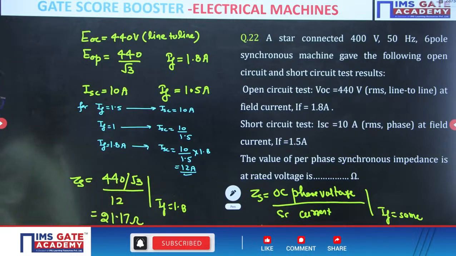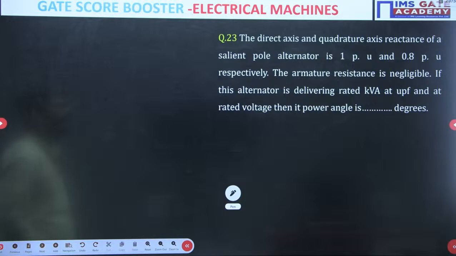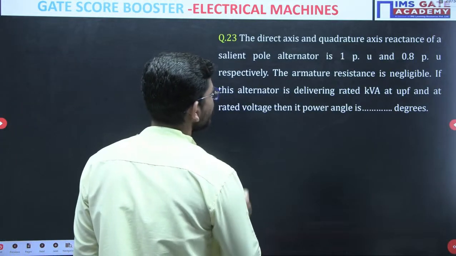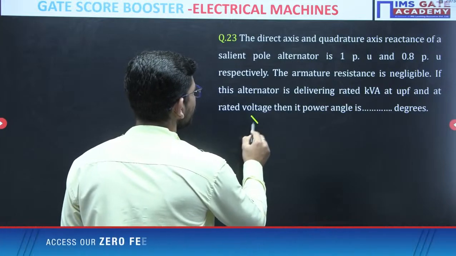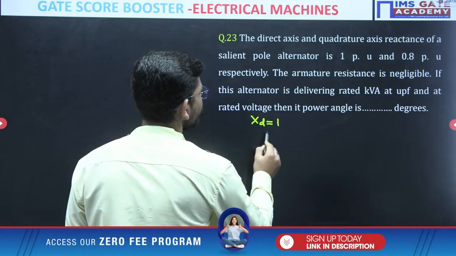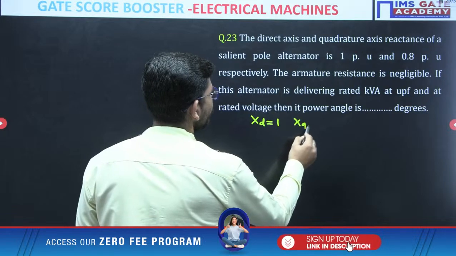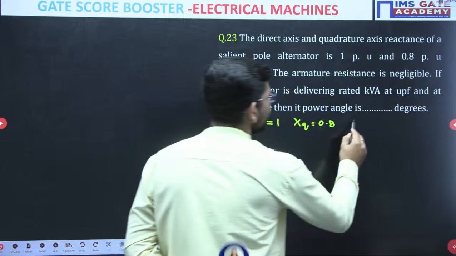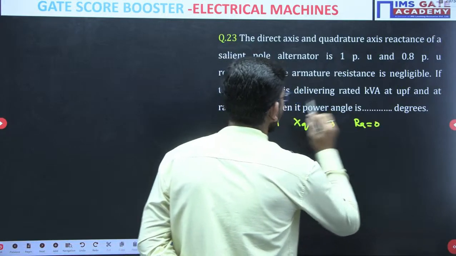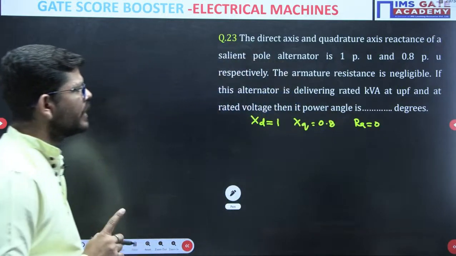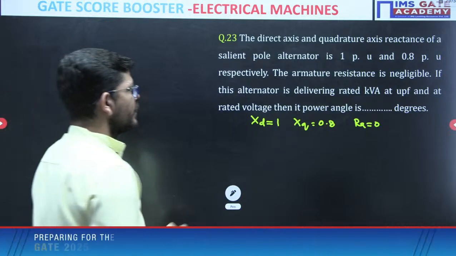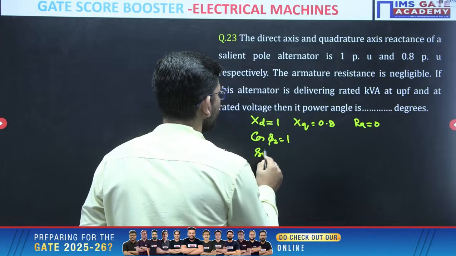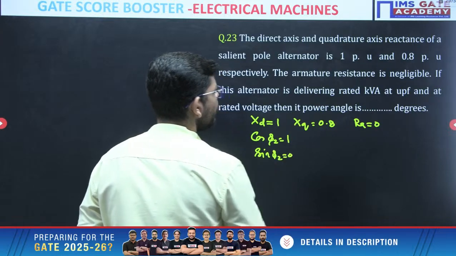Now, after that, see this question. The direct axis synchronous reactance and quadrature axis reactance, these values are given. XD is 1 per unit and XQ is 0.8 per unit. The armature resistance is neglected. If this alternator is delivering rated kVA at unity power factor, so the power factor cos phi is given 1, sin phi will be 0.